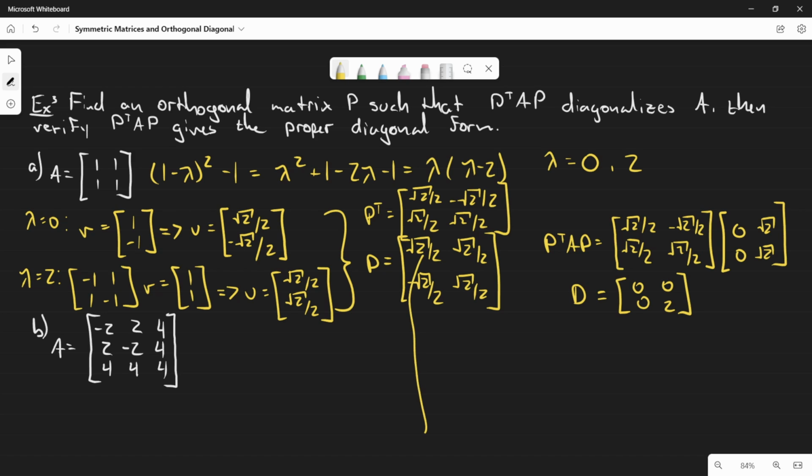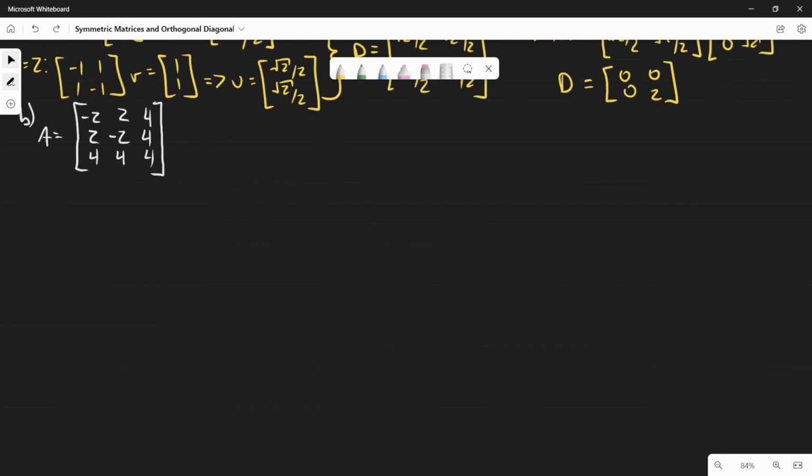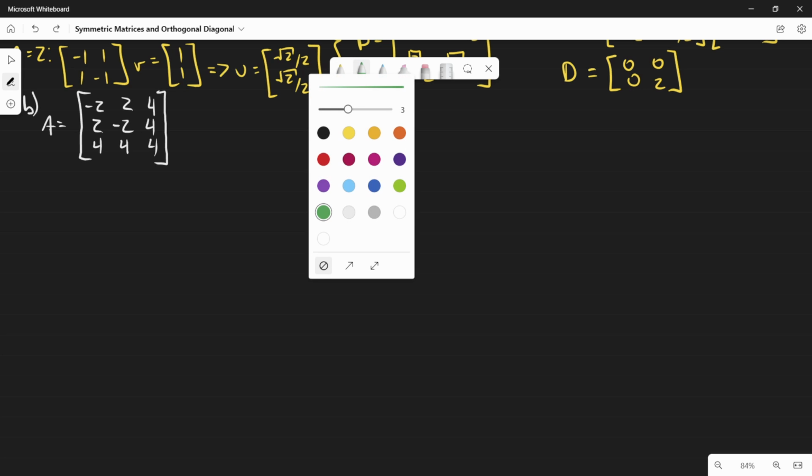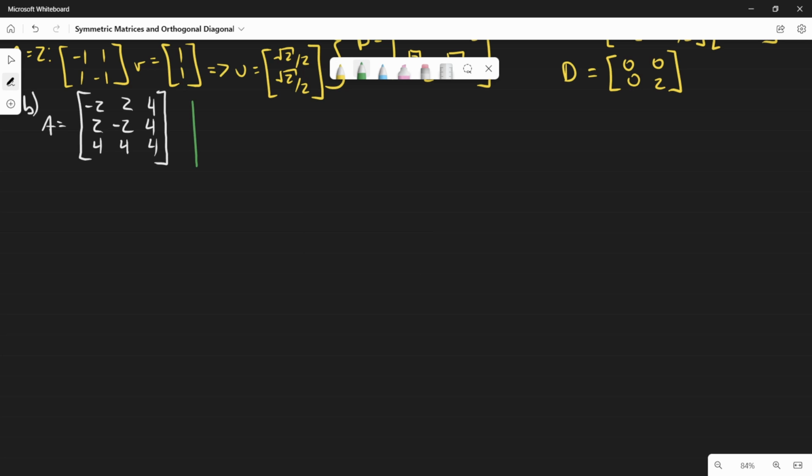The next example is going to be a 3 by 3 matrix, so it's a little bit longer, but let's not waste too much time. As always, find the characteristic equation. Our characteristic equation will be -2 minus lambda, 2, 4, 2, -2 minus lambda, 4, 4, 4, 4 minus lambda.